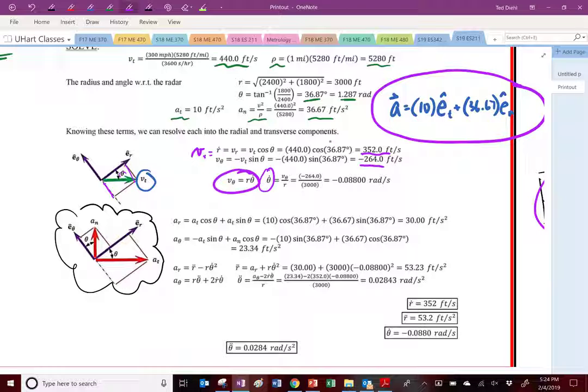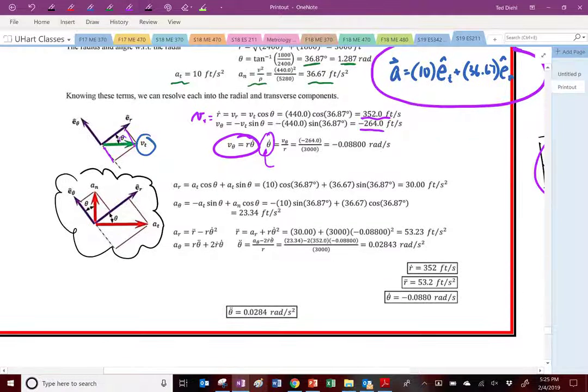And then from that, we're able to deduce what theta dot is, because we know that the V_theta component has theta dot r in it. So we're able to find this. Once again, we're looking for our variables of interest. We were able to find r dot from our V_r, and we're able to find theta dot from our V_theta. And then, okay, so now we can go with our accelerations right here.